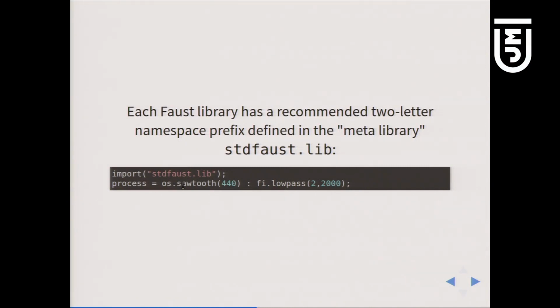Now, you only have to call stdfaust.lib, and you can use this prefix here to get access to all the oscillators, and this prefix here to get access to all the filters. Julius kind of started this way of dealing with things in his own libraries, and we thought it was a nice way to approach all this, and we decided to spread it to the new Faust library system.